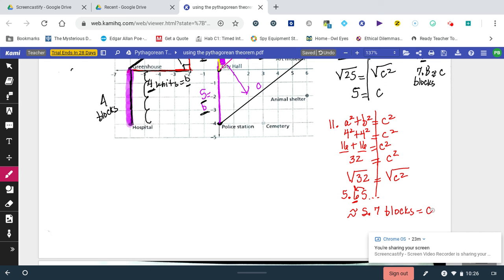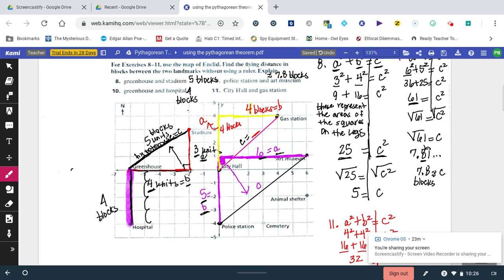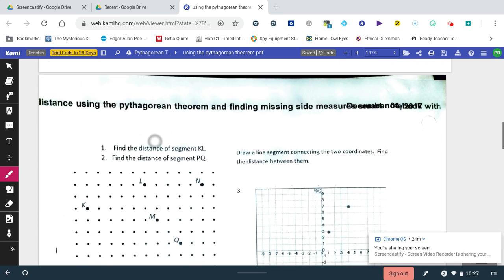And that's my C. Okay? In other words, that's the distance between City Hall and the gas station. So I'm going to put a squiggly line there. 5 7/10 approximately. All right, and that's how you use the Pythagorean theorem to find the hypotenuse, the length of the hypotenuse.